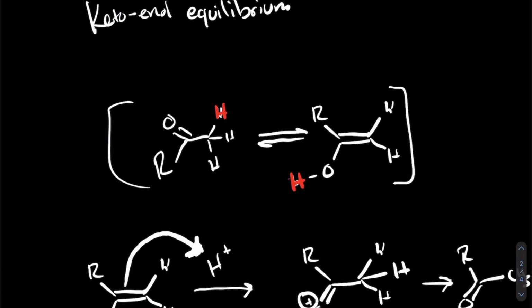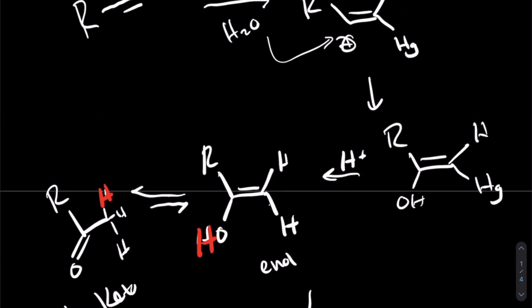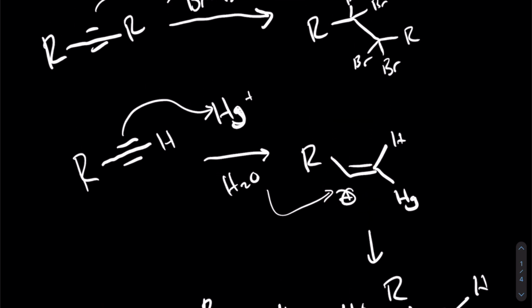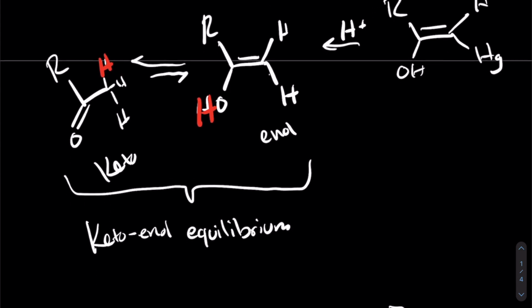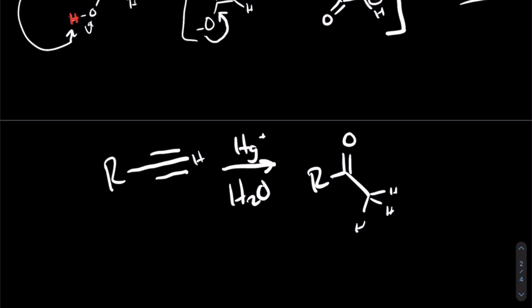And where did that come from? Why does it do that? Is because, again, Markovnikov style, puts the positive on the more substituted carbon, okay? So the oxymercuration process produces a Markovnikov product.